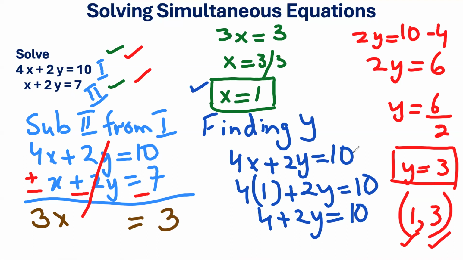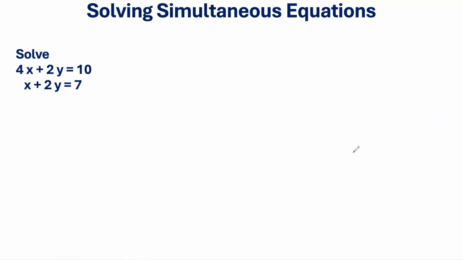We have solved them simultaneously. So you can substitute to verify your answer. X equals 1 and y equals 3, we are substituting in equation number 1. This is called verification. We are verifying our answer. Is it correct or not?